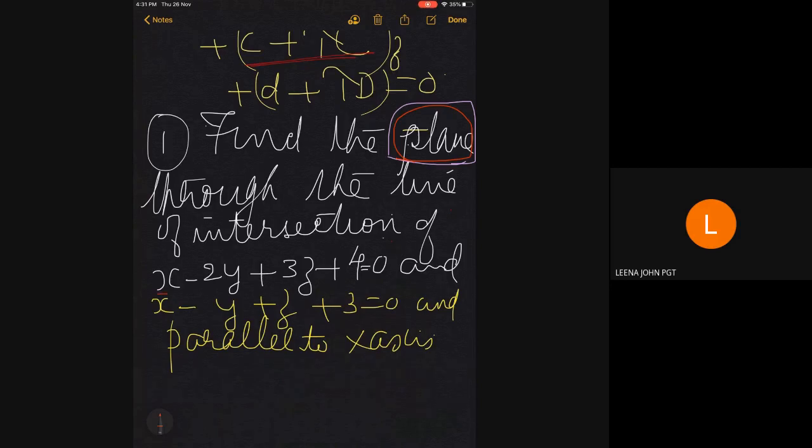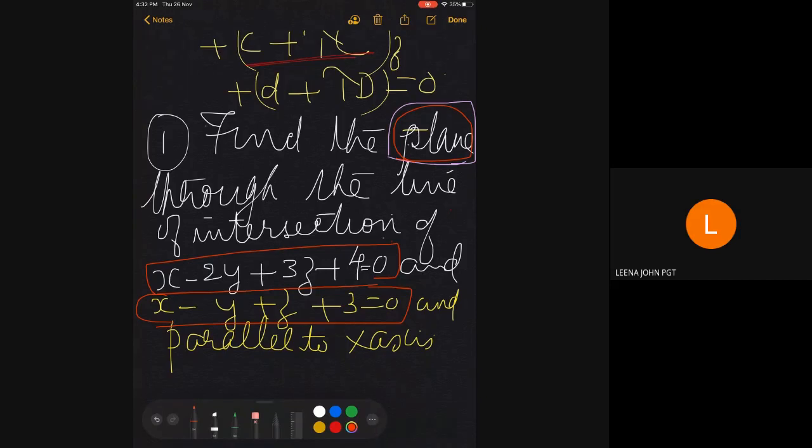As per the question, the first condition is that it is through the intersection of these two planes. And another condition is that it is parallel to the x-axis. So by taking these two conditions into consideration, the procedure is you can assume the equation of the plane.